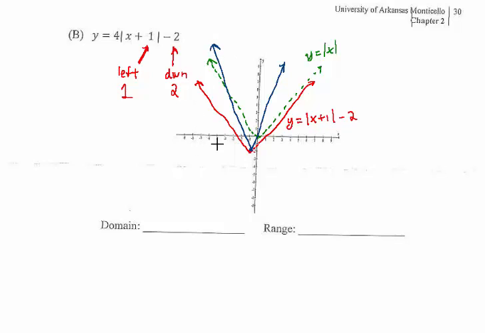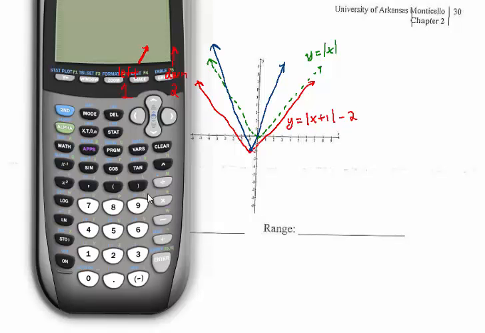So you can still figure out where it starts, but in order to figure out more accurate points for y equals 4, absolute value x plus 1 minus 2, you need to either do a table or pull up your calculator.